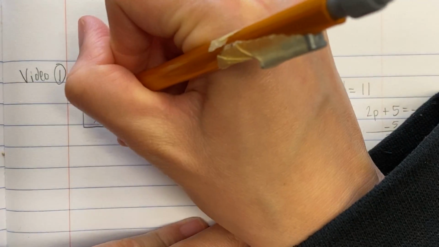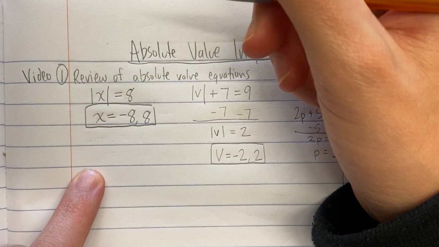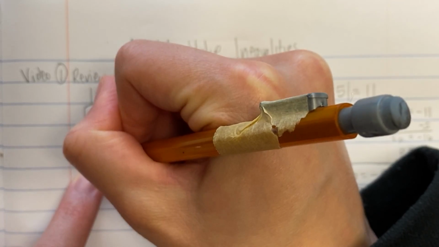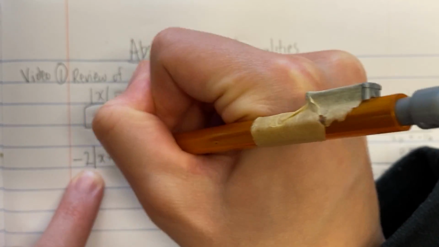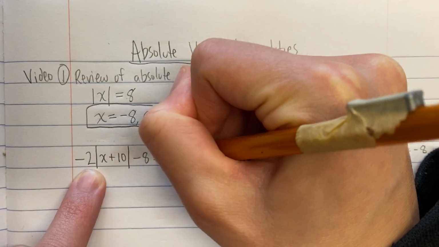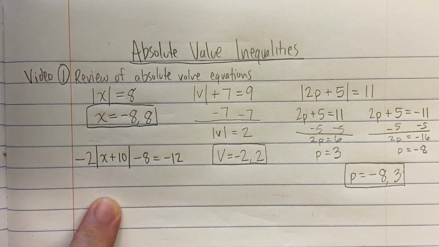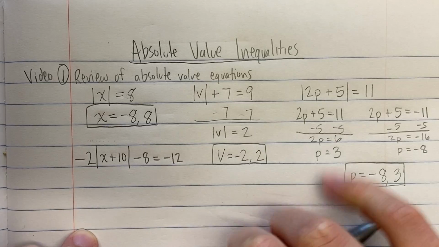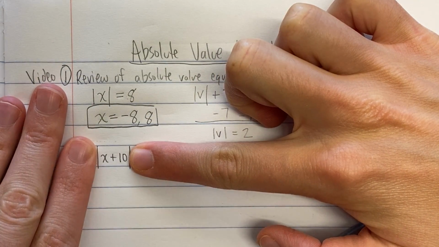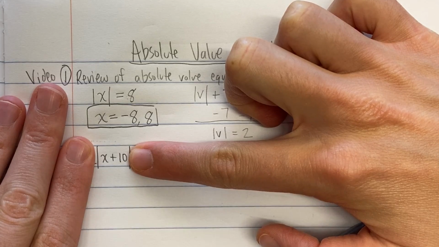And then just one more example to review, because we did see one problem that was even a little bit more complicated. But this is kind of just a combination of all of the ones that we've already reviewed. So watch what I'm going to do first. I'm going to get the absolute value of x plus 10 by itself.